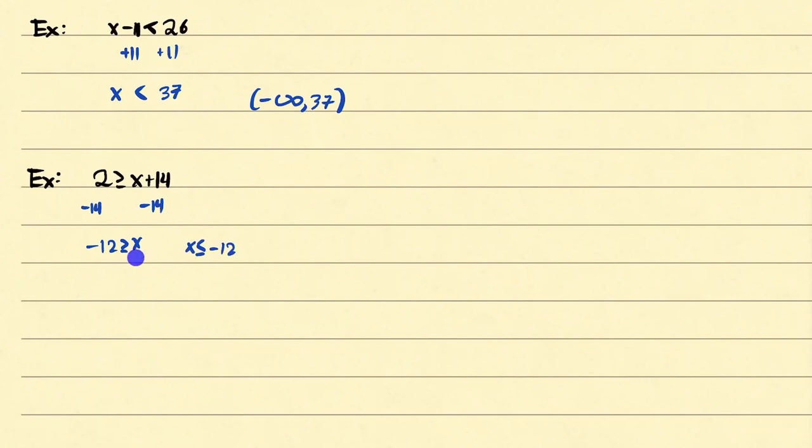If I read it this way, x is less than or equal to negative 12, or negative 12 is greater than or equal to x. x is less than or equal to negative 12. This is just a much more pleasing way to write the solution. If you're totally okay with the other, I don't mind it either, but I prefer this. It just looks nicer to me.